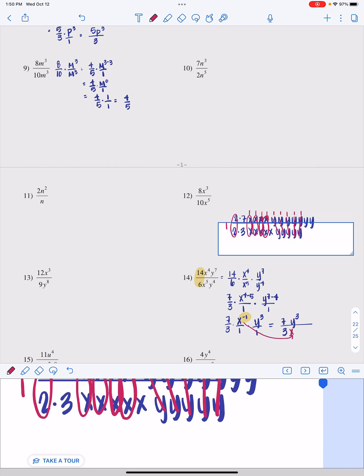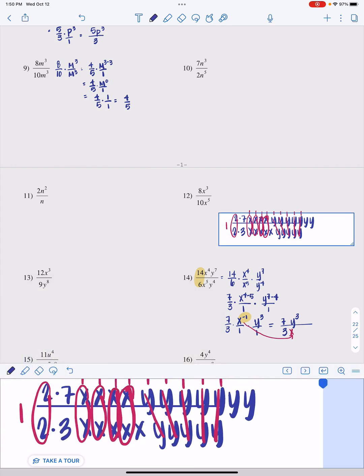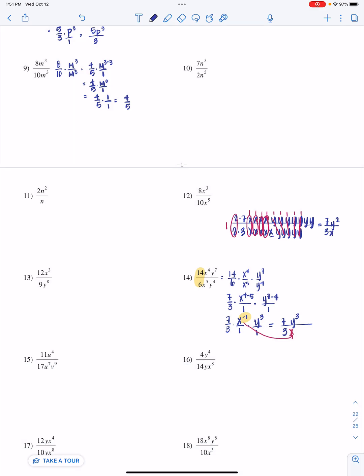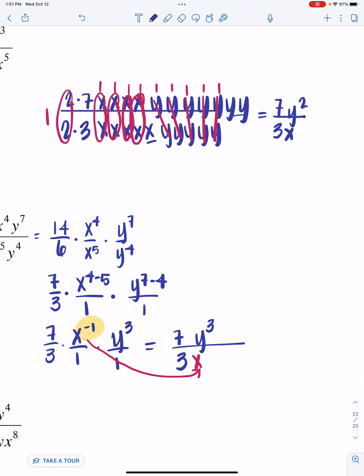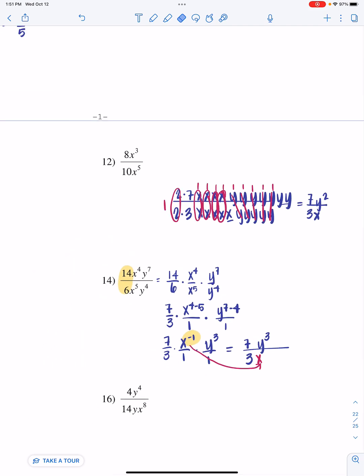So what I'm left with, since 1 times anything is the anything, is a 7 on the top and a 3 on the bottom. Then I have 2 y's, and then in the denominator, I have an x. So either way, we end up in exactly the same place. It just depends on what route you take to get there. I recommend you pick the one that works for you and stick with it.